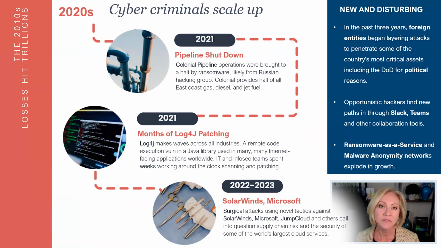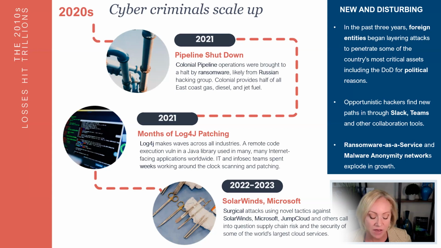And then we get into the 2020s. So in the past 3 years, we've really had a barrage of headline attacks, including the Colonial Pipeline. But if you notice over here on the right, there are also some new and disturbing actions and changes happening. So we have attackers that are doing things like targeting our collaboration platforms like Teams and Slack to phish people and inject themselves into systems.